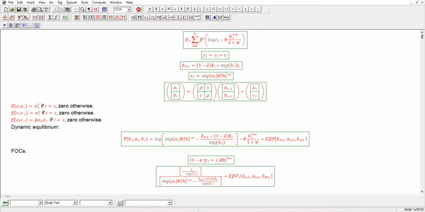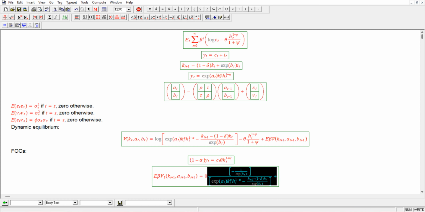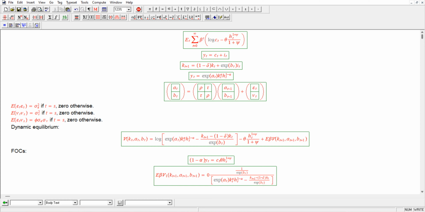All this has to equal 0. But an equivalent way of writing it is to just take this thing, which has a minus sign in front of it, and move it over here. Notice that this just equals consumption, so we might as well write this.